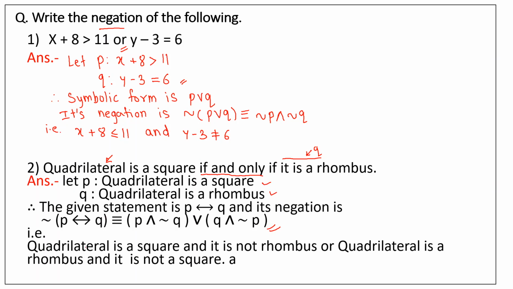P is quadrilateral is a square and negation Q is quadrilateral is not a rhombus, or quadrilateral is a rhombus and it is not a square.